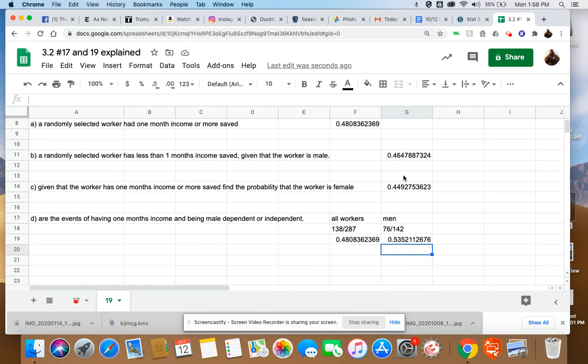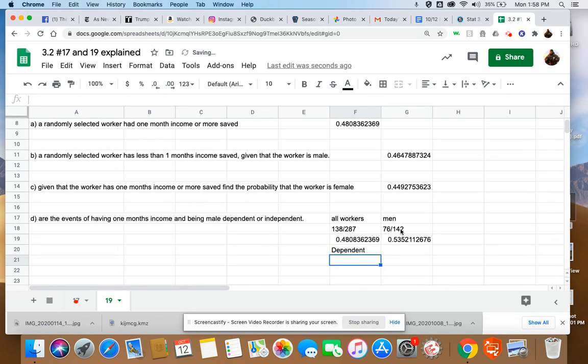So the bottom line is, when you look at the two things together, the difference between all workers and the condition that they're a man or the condition that they have 1 month's income, as soon as you add a condition, it changes the probability outcome. If the probability outcome changes, then the bottom line is it has to be dependent.